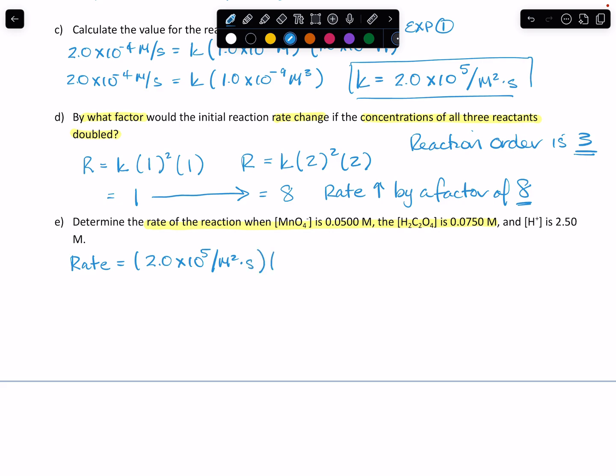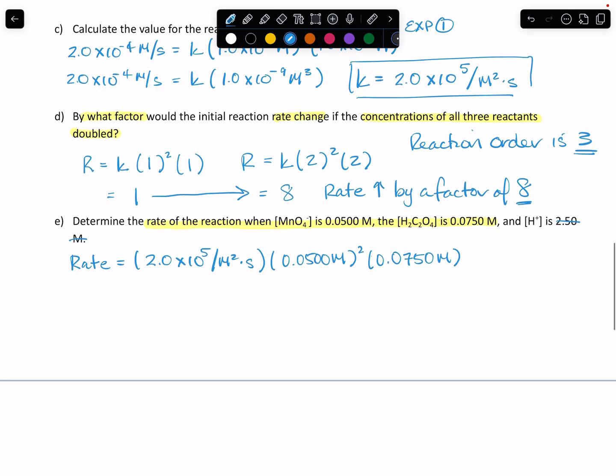All right, so there's K. And then I'm going to take my concentration of MnO4 minus, square it. And then I'm going to take my concentration of oxalic acid, raised to the first power. And then I'm going to exclude the H plus, because it was zero order. So it doesn't matter.